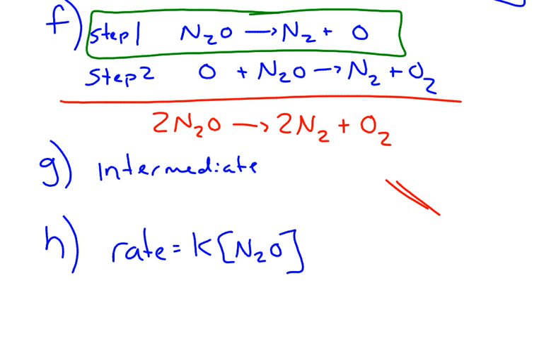And they have an actual equation. Let's say step 2 was the equation you were given, and they say this is the rate law here, and step 2 is the only one you see. Did this happen in one step? You'd say no, because the rate law doesn't reflect the equation, because there should be oxygen in that rate law as well. I'm out.